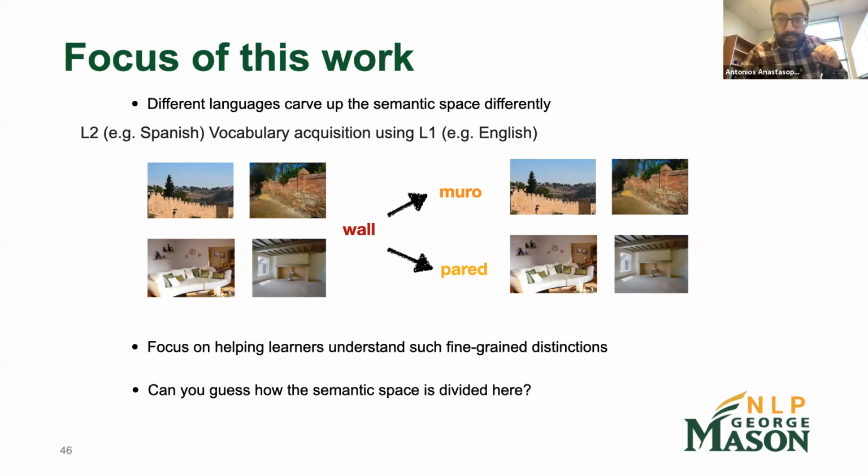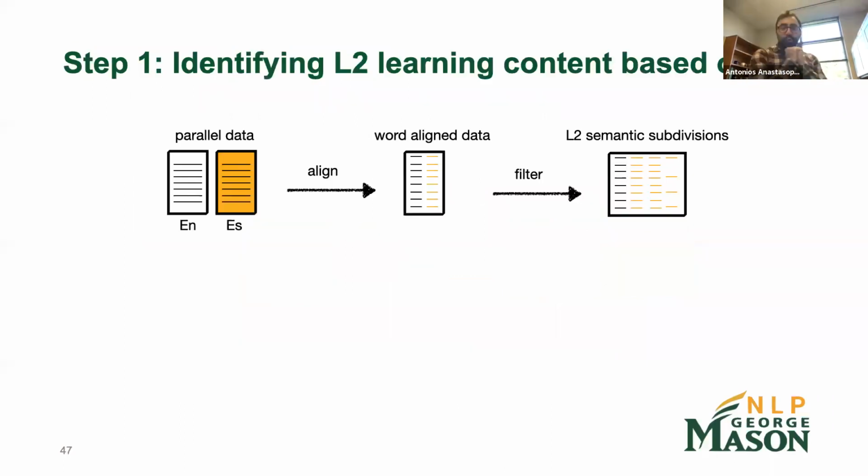Okay. So here's how we're going to do this. First, we need to find such examples. We start with a parallel corpus between English and Spanish. We align it, and then we filter all of those alignments to extract those that seem interesting, that have the property that I told you about.